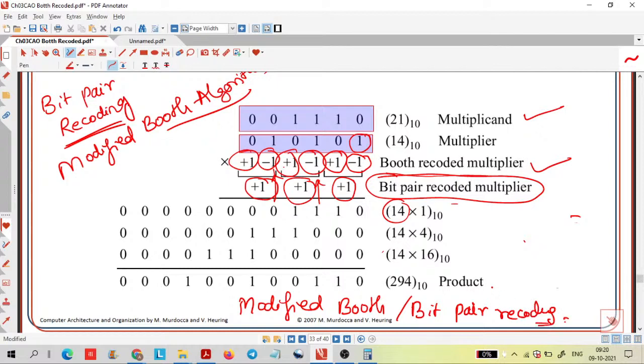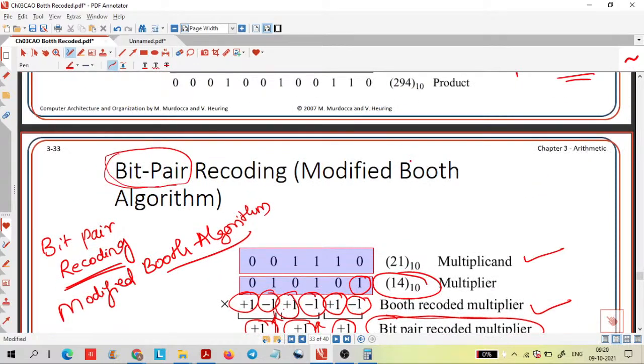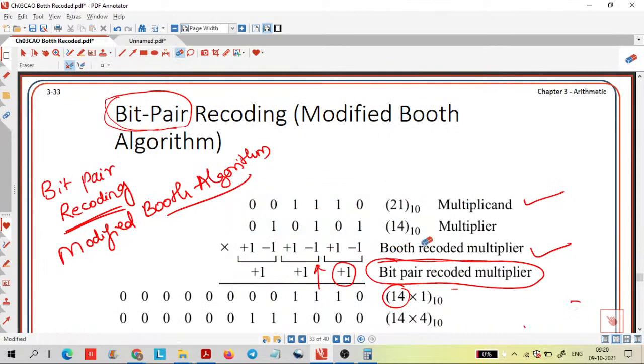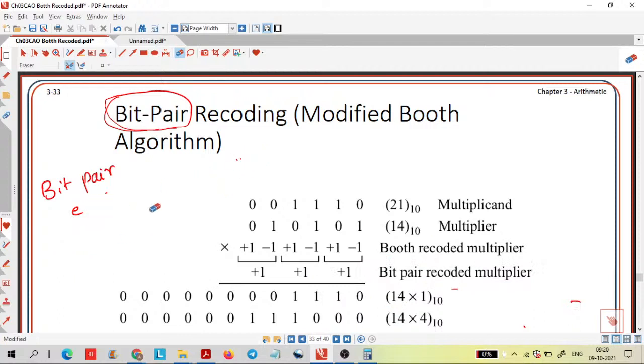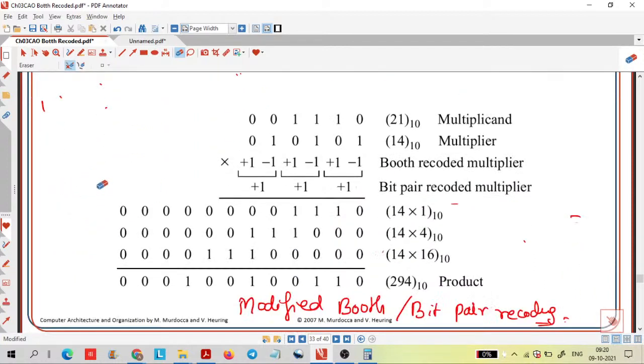Here we use this particular multiplier value. Sorry, there was a mistake here, that's why I was confused about this. See here, while representing this particular binary, a mistake is there. This is the binary for 14.